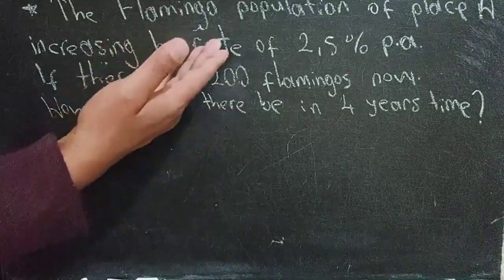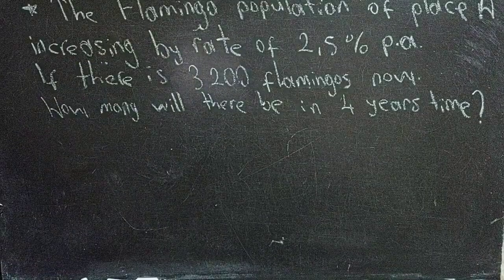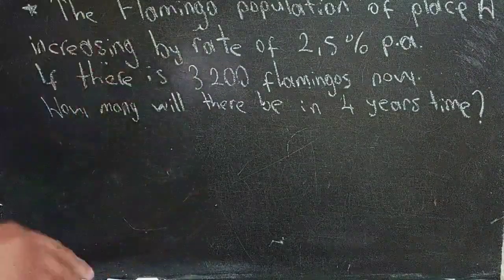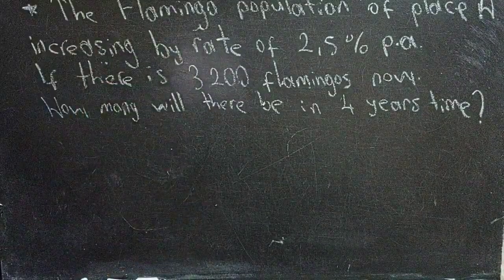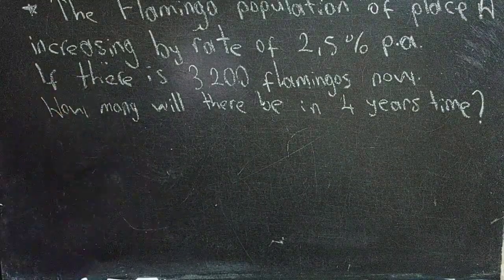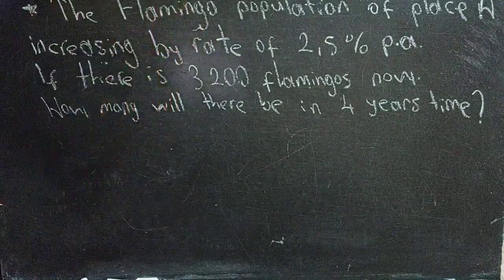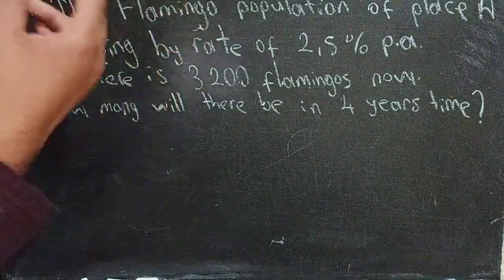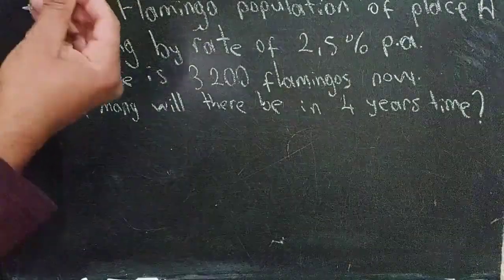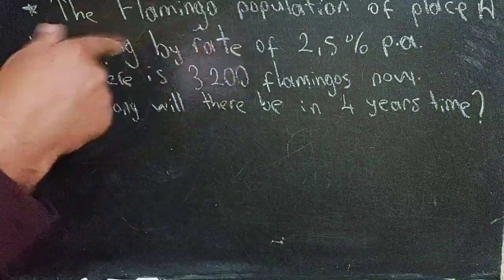For example, the population of flamingos, and we are going to use the formula of one of the interests, simple interest or compound interest. As you see, it is not given which interest you are going to use, and normally, remember in the previous question it was given already, compound interest rate of, it was written like that.